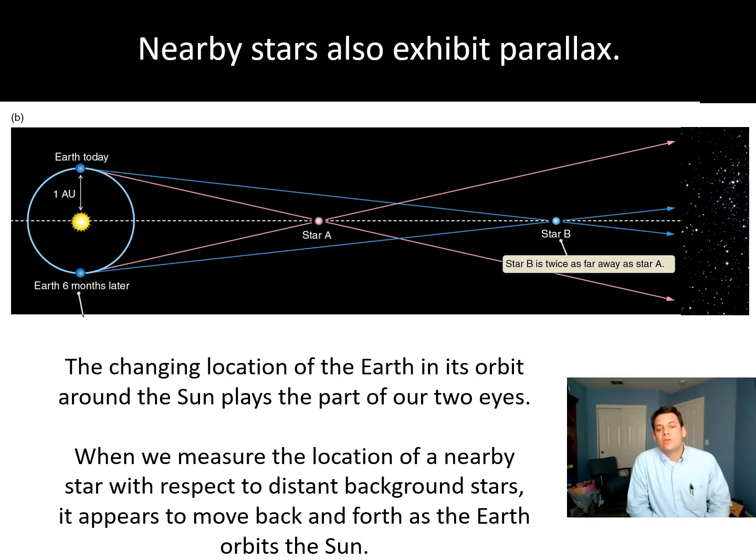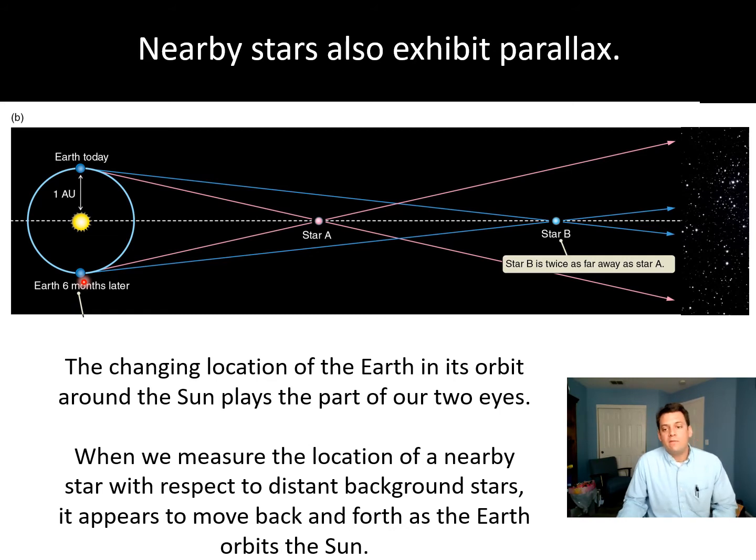So how do we view the same star from two different locations? And the answer is, we view it at different places in the Earth's orbit. So this is a schematic, not to scale, because these stars are much farther away than an astronomical unit. But if you look at the Earth during its orbit, you see that if this is the location of the Earth today, up at the top of the orbit, 6 months from now, it will be down at the bottom of the orbit.